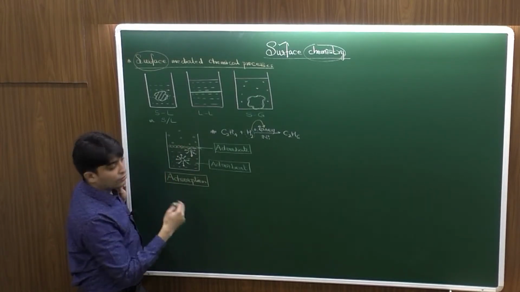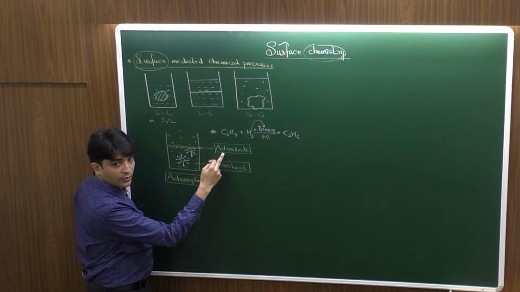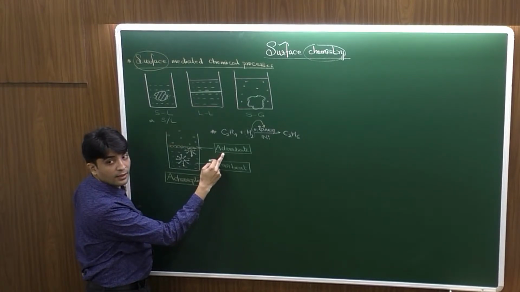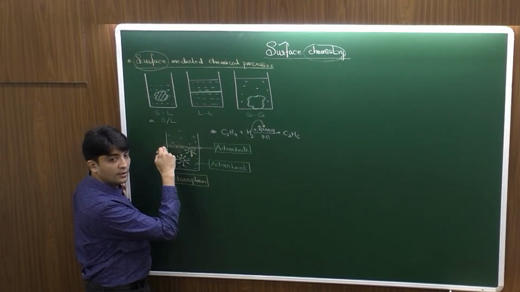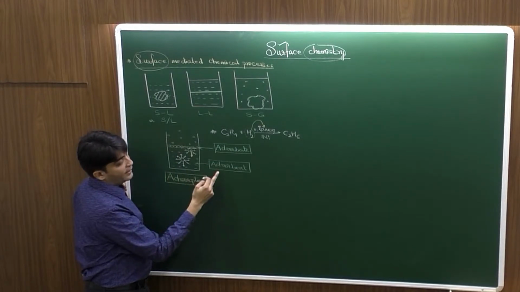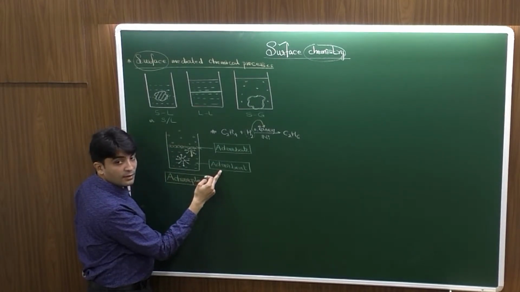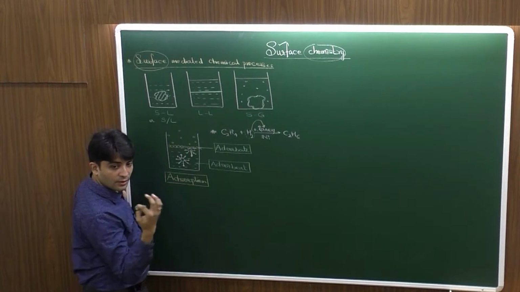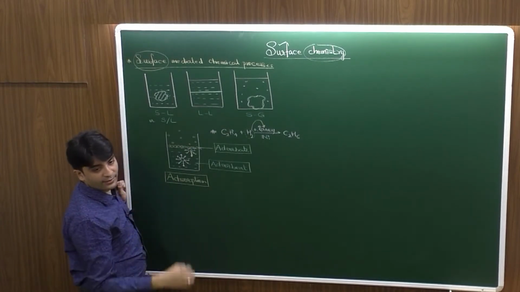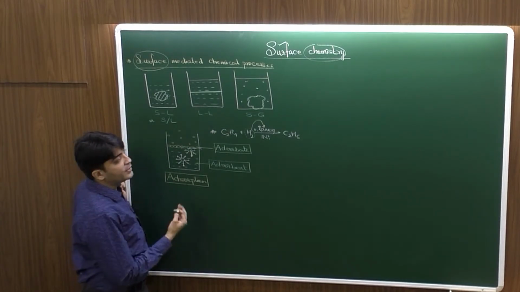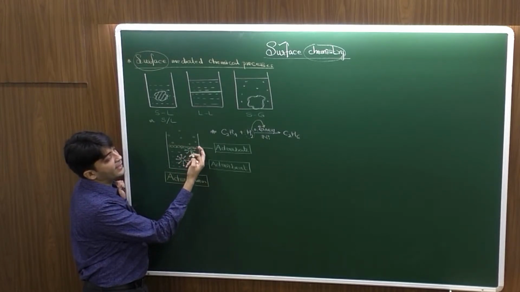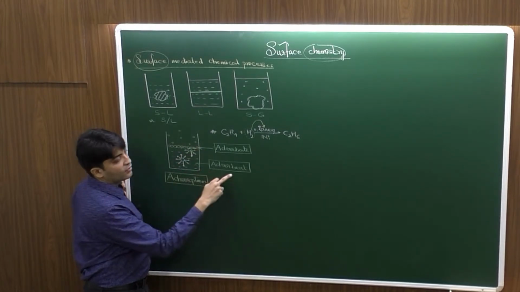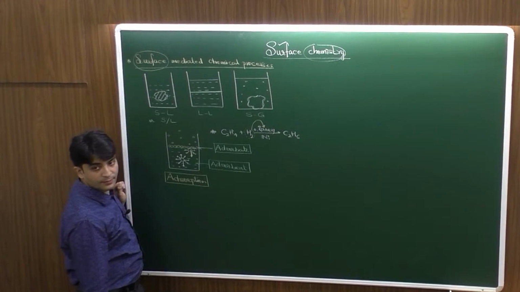So adsorbates are the molecules which are adsorbed on the surface, and the adsorbent is the surface on which the molecules are getting adsorbed. And the statement we say is the gas molecules are adsorbed on the surface of the adsorbent.